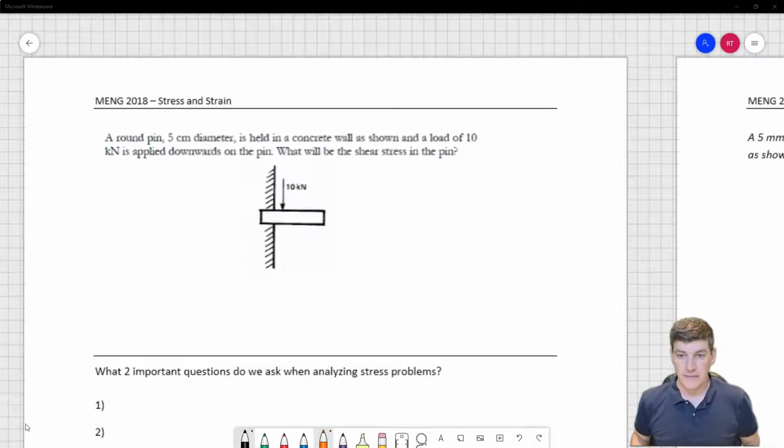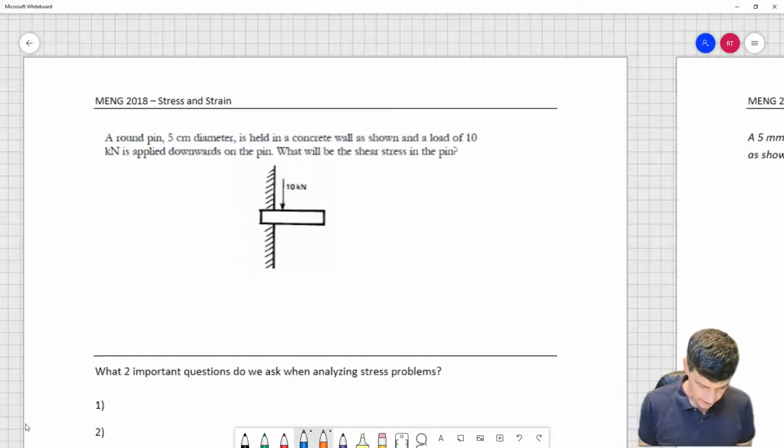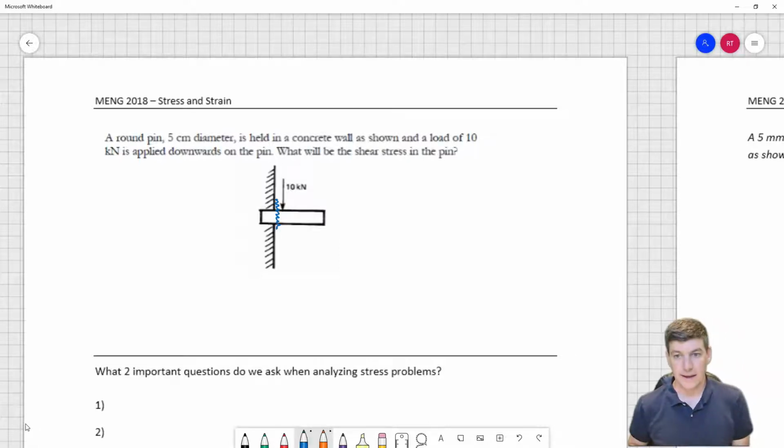Okay, so I have a pin 5 centimeters in diameter, and it's held in a wall and has a load of 10 kilonewtons applied downwards. What is the shear stress in this pin? Okay, so if I think about how this pin might break, what would happen is I would probably have a break like that.